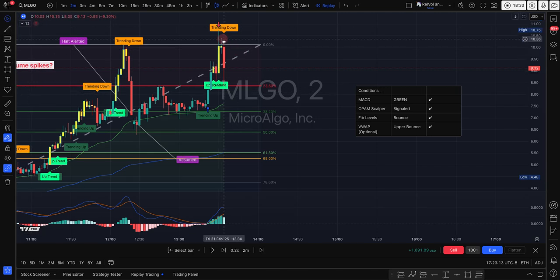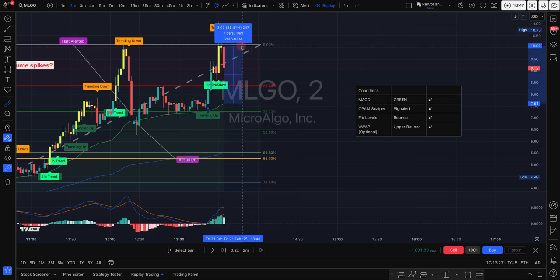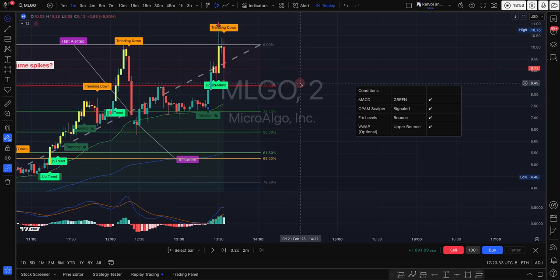But as you can see, after that, you got the trending down. You also got light green on the MACD, and the VWAP stretch about 2 point, and actually 32% from the VWAP as well. So that's a huge stretch.